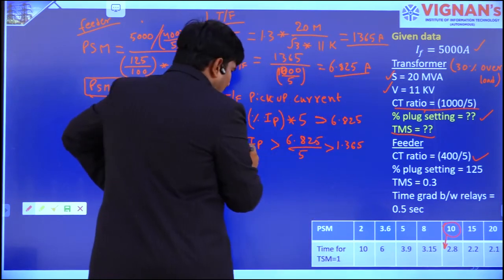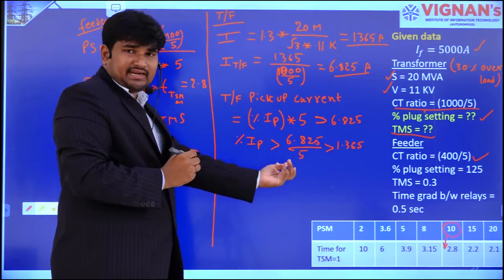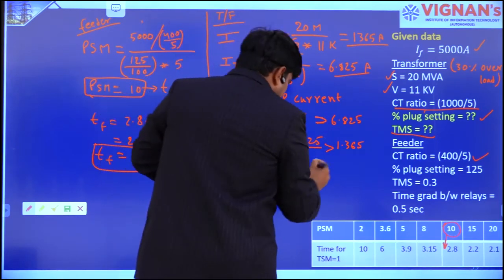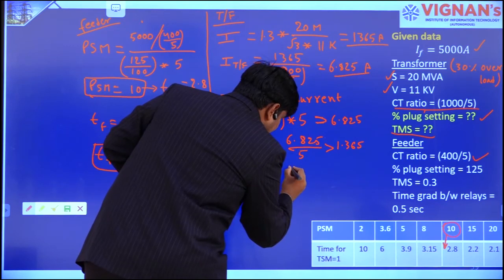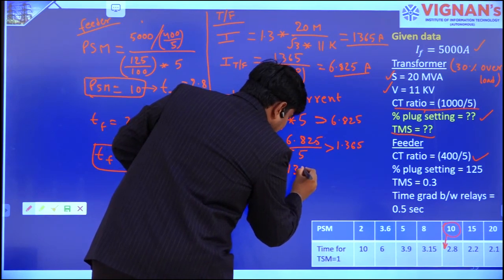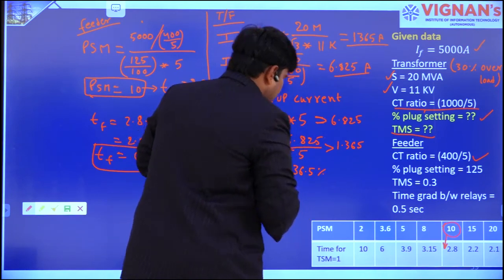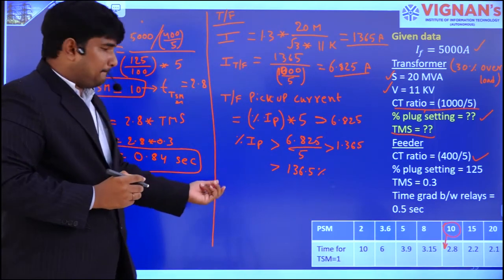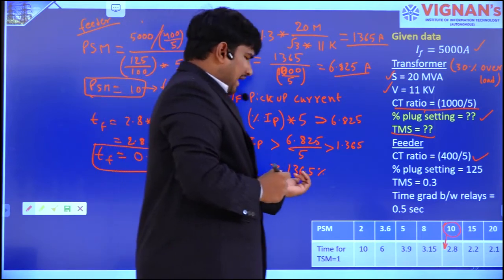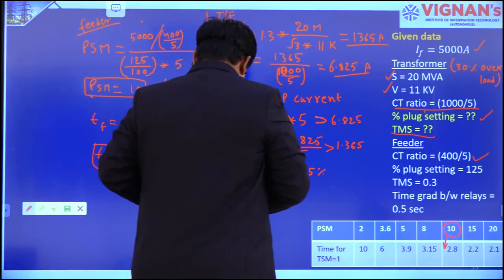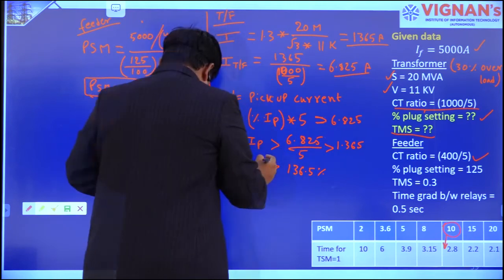That means I have to calculate this in terms of percentage, so it should be greater than 136.5%. So I got the IP value, the pickup current. Now I need to find out the plug setting multiplier.